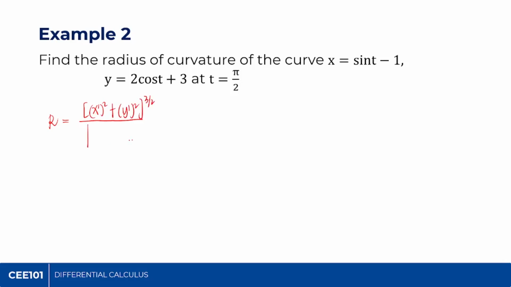And then yung sa baba would be absolute value ng what? X prime y double prime minus y prime x double prime. You can just write y prime x double prime, the same thing. Okay, kahit magbali-bali ito class, okay lang, because we will be evaluating it in its absolute value.